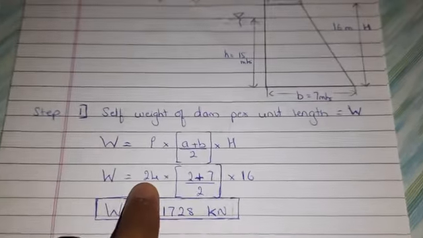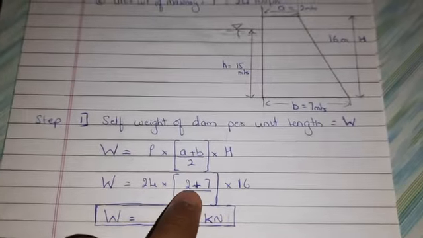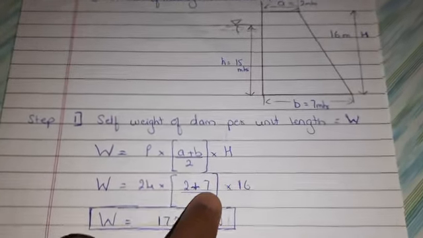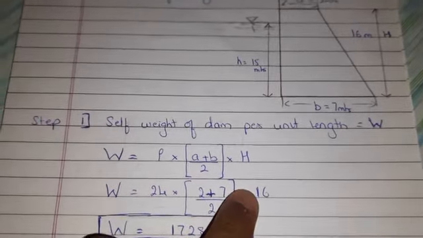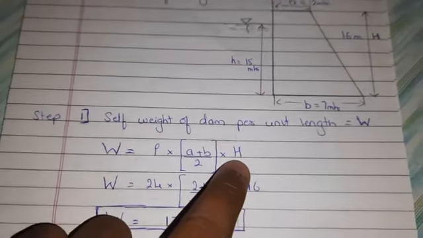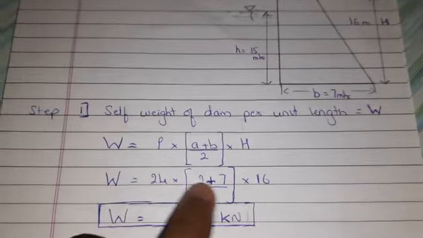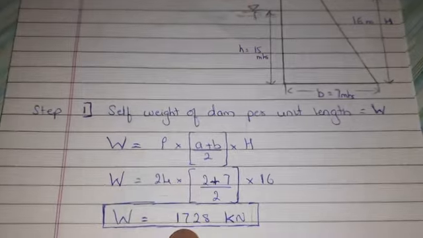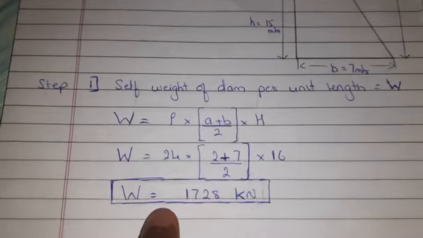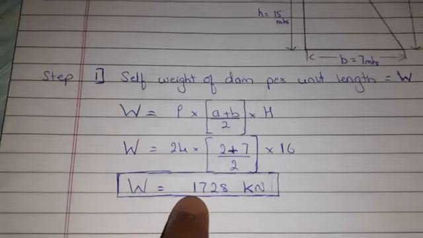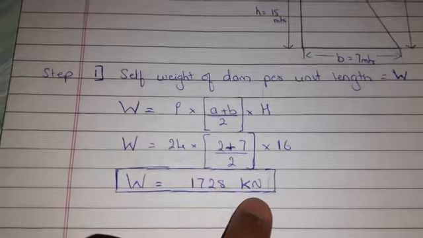So I substitute the value as 24 into (2 plus 7), where 2 is the top width of the dam and 7 is the bottom width of the dam, divided by 2 into total height of the dam, capital H, that is 16. When we substitute all the values, we get the answer as 1728 kilonewtons. So self weight of dam per unit length is 1728 kilonewtons.